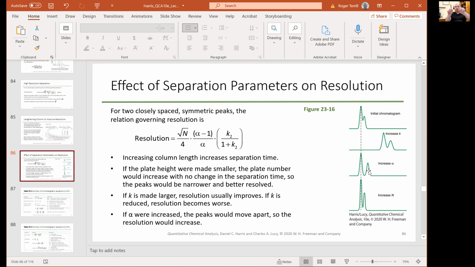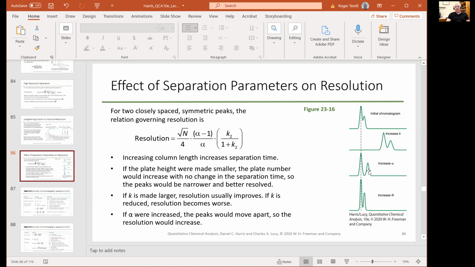Let's say that caffeine and benzoic acid were coming out as one unresolved pair of peaks. How can we get them to move apart? There are so many degrees of freedom. What's one thing we could change? The mobile phase. We could change the mobile phase.